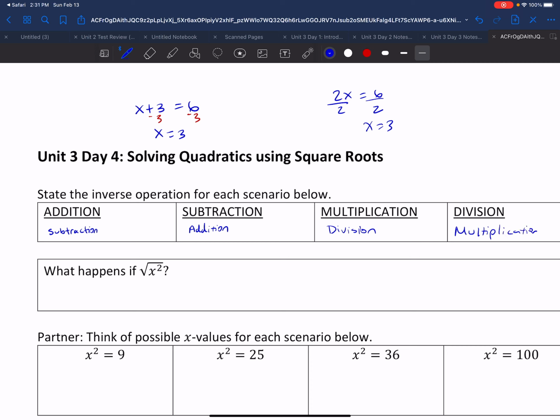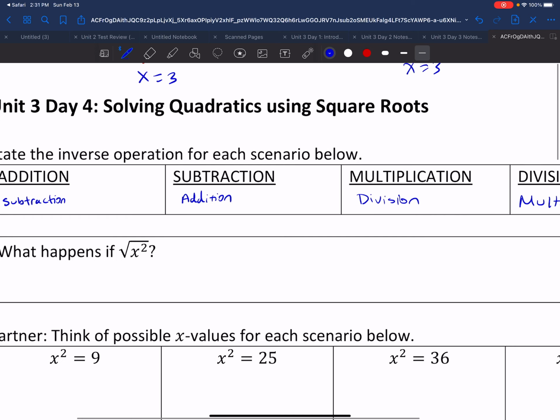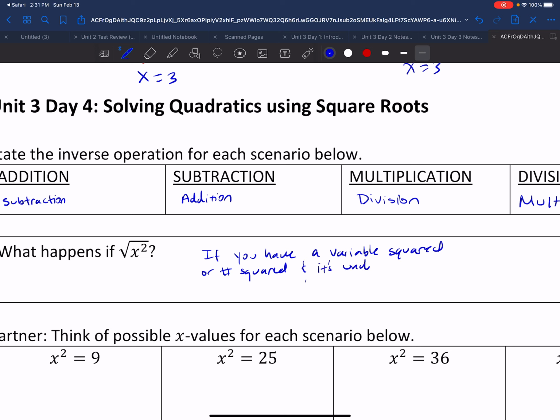So what happens if we have the square root of x squared? What happens if we have a perfect square under the square root sign? Remember, if you have a variable squared or a number squared under the square root, they cancel out.